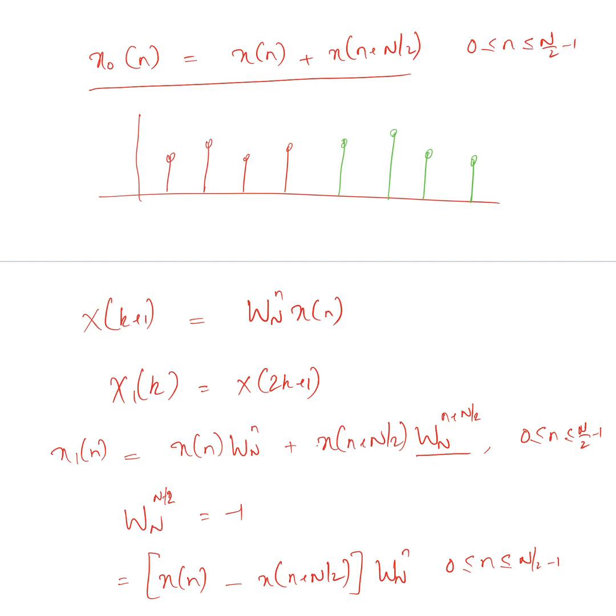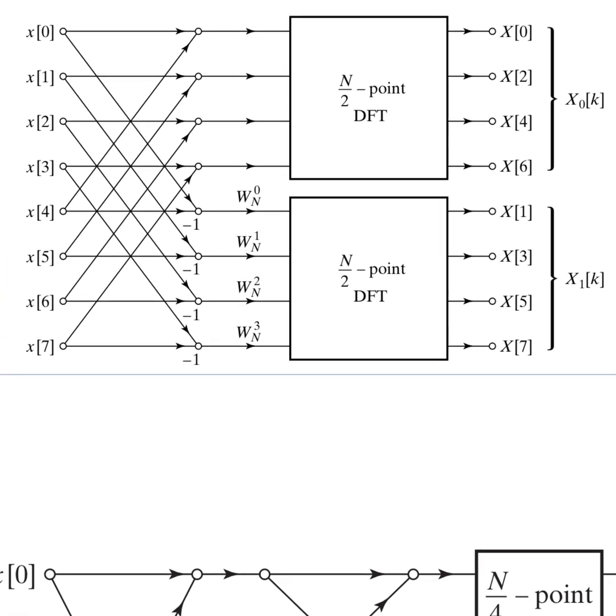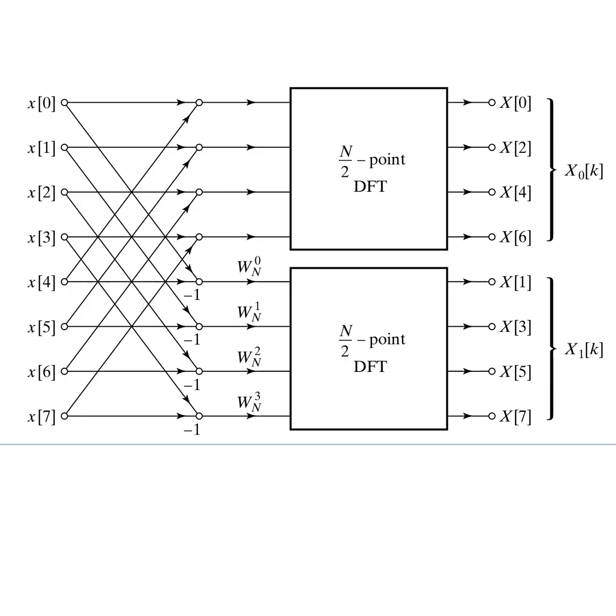So if we see the implementation of this algorithm, it is given in this way. Here what happens, first of all we compute this sequence, which is x4 plus x0. So this is the first half of the sequence, this is the other half of the sequence. So we obtain all these sequences, which are the samples x0.